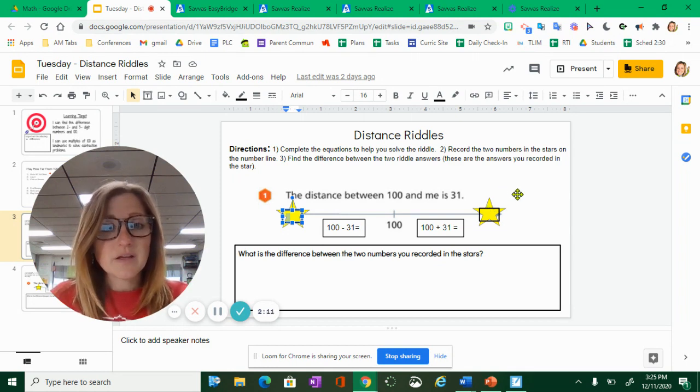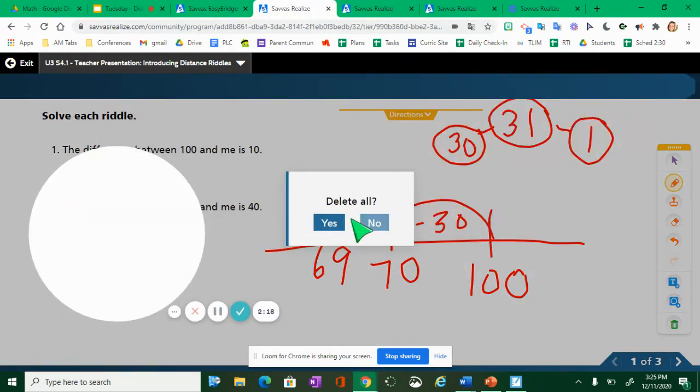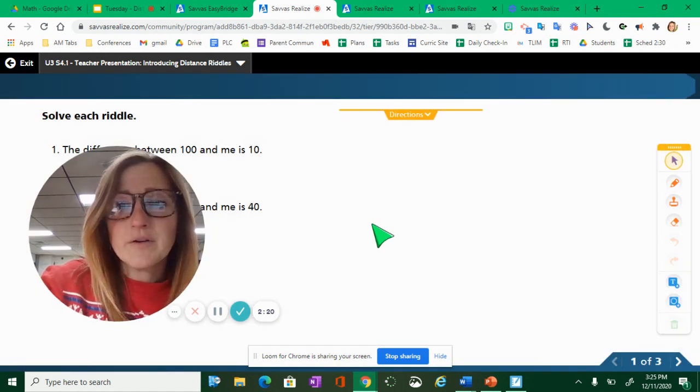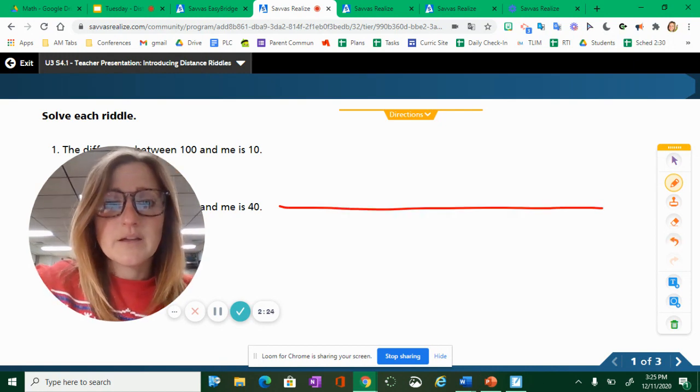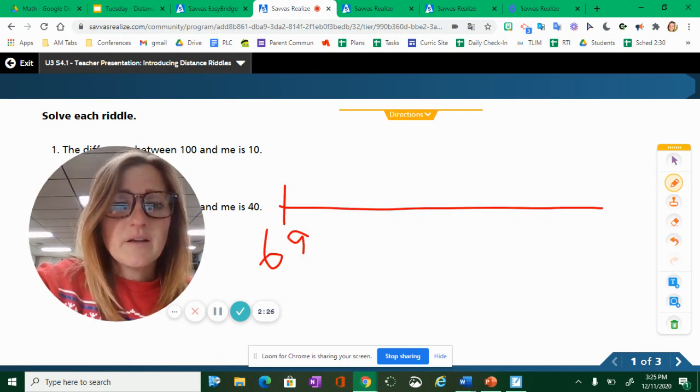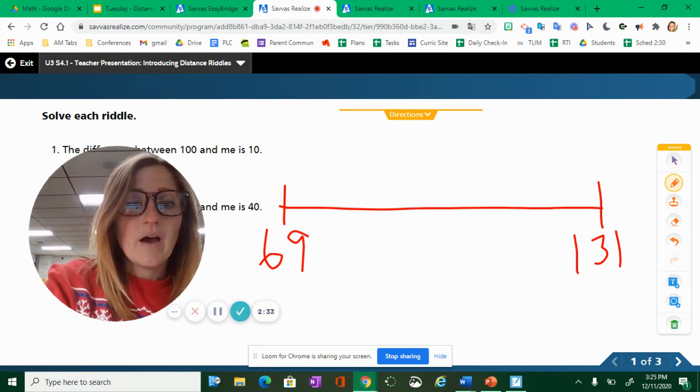If we didn't want to do it that way, and that doesn't make sense to you, then what you would want to do is set up your work where you have the two numbers that you find, a 69 here and 131 here, and you're going to make your way down the number line to find how to get there.